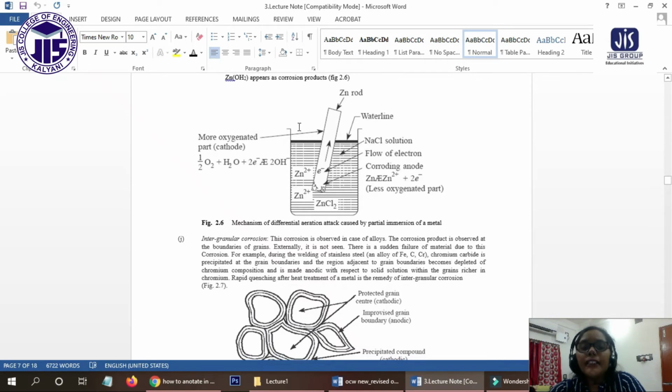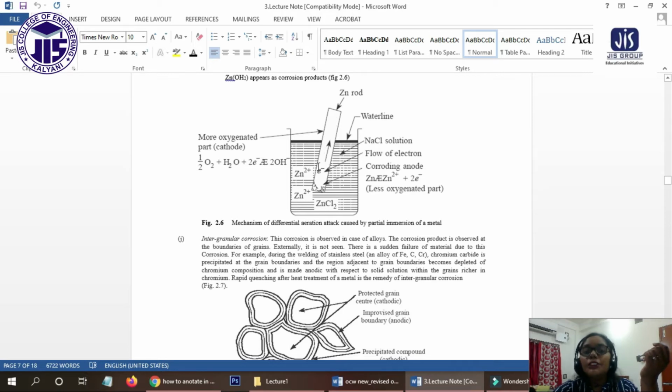Next we have concentration cell corrosion. Suppose we keep a beaker and take a sodium chloride solution in it, which is one type of electrolyte, as all of you know. In this electrolytic solution we have dipped a zinc rod, half deep.